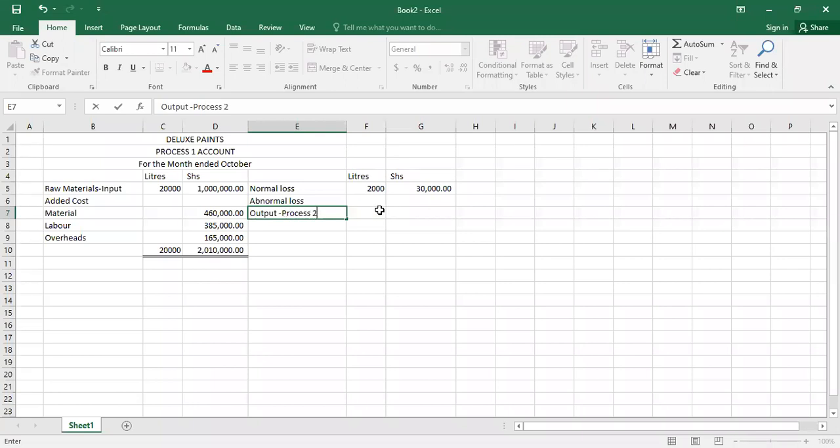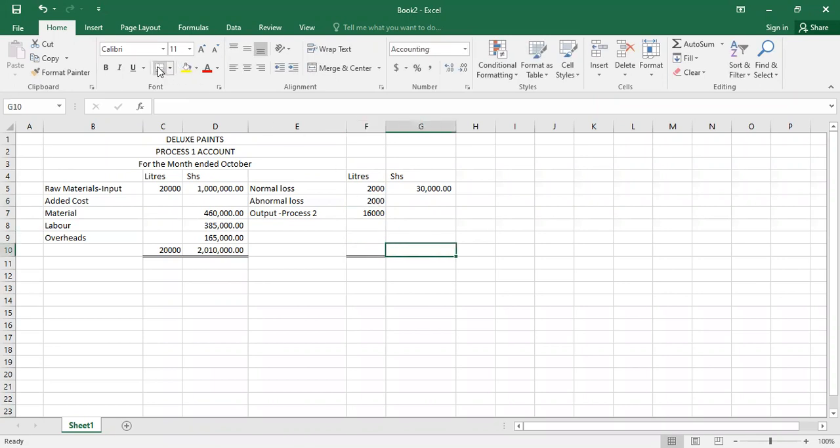What are we giving to process 2? How many liters? 16,000. So we can tell the number of liters in abnormal loss is 2,000 because this has to total to 20,000.